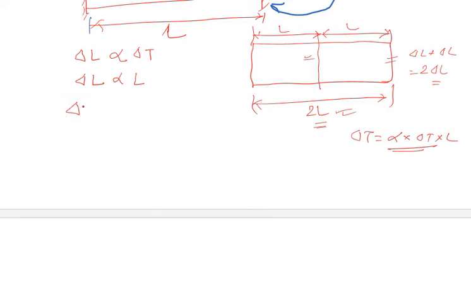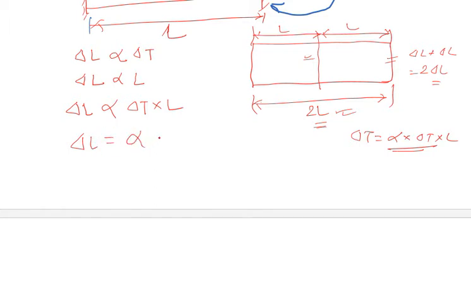So change in length is equal to, if we combine these two expressions, then we have change in length directly proportional to the change in temperature and the original length. So delta L will be equal to how much?